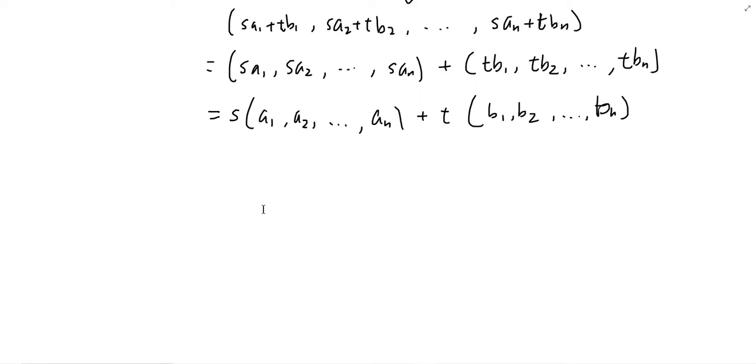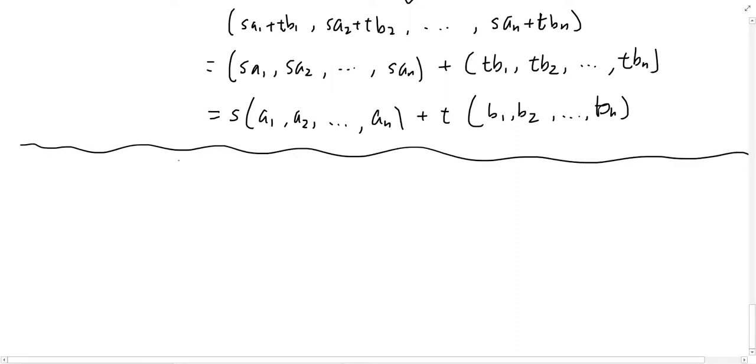Now, I do want to show you an example of this. So let's see, a very simple example. So imagine in R3, let's say we're given a position vector.